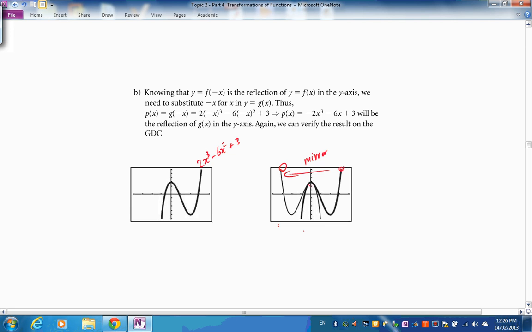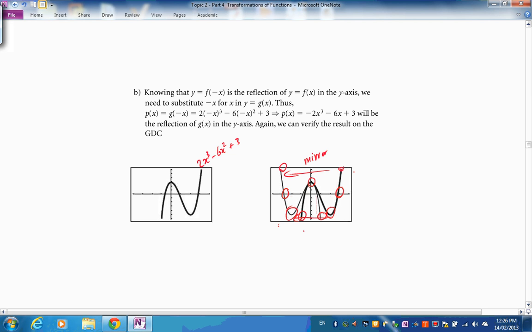Then right on the mirror, that won't change. This point will go across equidistant behind the mirror, and so on. This point goes to this point. So we're going across the y-axis an equidistance behind it or in front of it. So see this point here on the black one will go to that point there. So they change sides of the mirror.